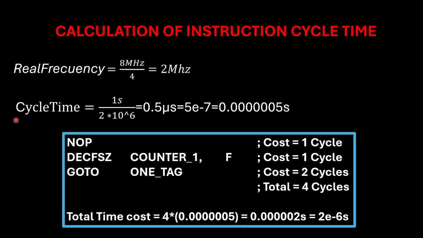Then, to get the cycle time, we need to divide 1 second by 2 million. Okay, this 2 million basically comes from this frequency, right? And then we get the result that each cycle time will last 0.5 microseconds, or in engineering notation, 5e-7.